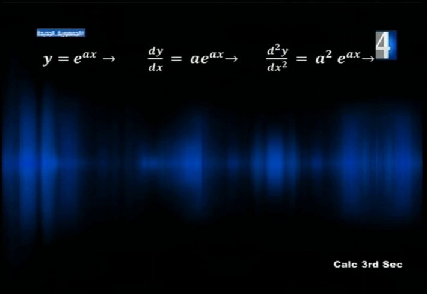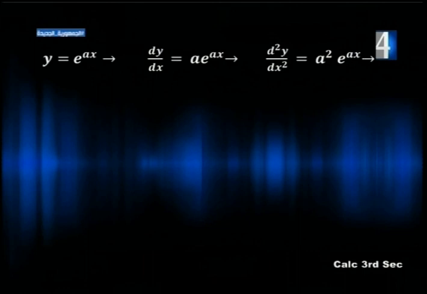Y equals e to the power ax. Then dy/dx equals the derivative of the function e to the power ax, which is e to the power ax multiply the derivative of the power, multiply ax equals a. Then dy/dx equals a multiply e to the power ax.